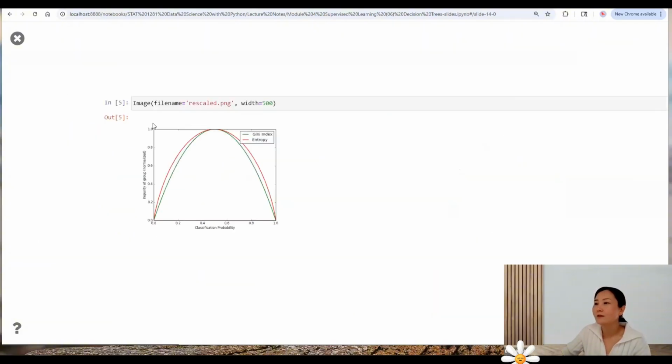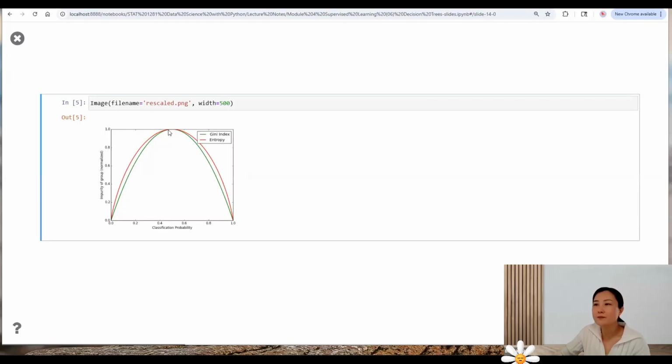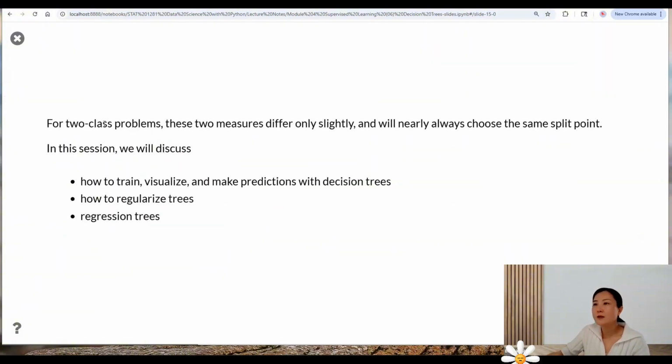If we multiply the Gini coefficient by 2, you see the Gini and the entropy are very similar. They are very close. So this implies that for two-class problems, these two measures differ only slightly, so they almost always choose the same split point. No matter whether you use Gini or entropy to construct a tree, you get essentially almost the same tree.